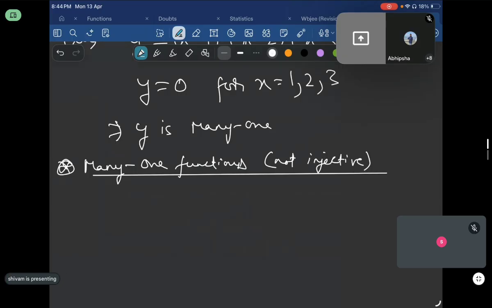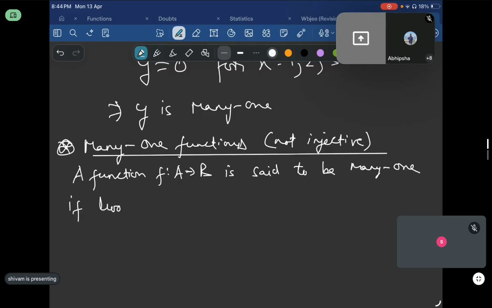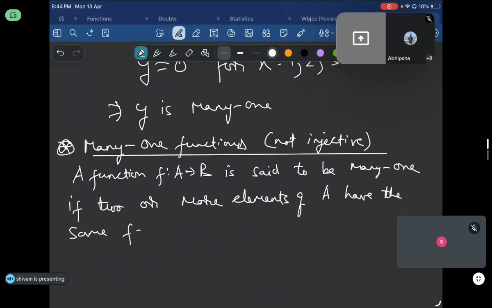A function f maps A to B is said to be many one if two or more elements of A have the same f image in B.